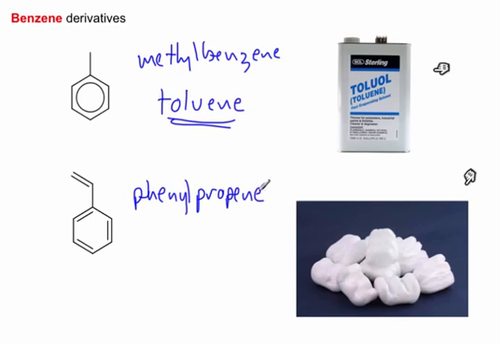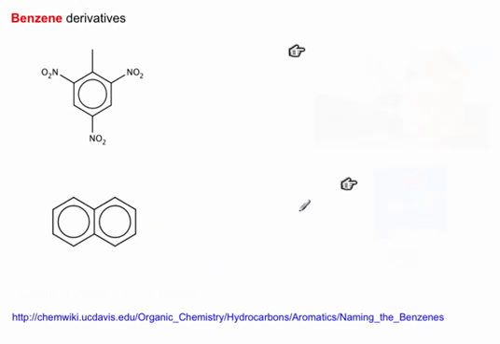You don't need numbers because there's only one way to attach that to the ethene molecule. And that is given the common name styrene. So hence polystyrene. So what we do, we take this molecule, we make it a macromolecule, we polymerize it, but that's for another conversation.